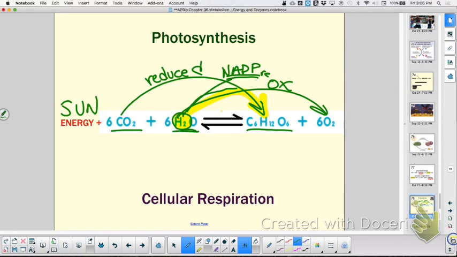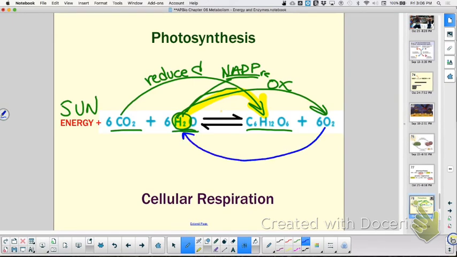Yes? Okay. And then we talked about in cellular respiration, we need oxygen to do what? What does this oxygen do when it gets reduced? It has to take the electrons at the bottom of the electron transport chain, and when it does that and hooks up with some hydrogens, it forms water.